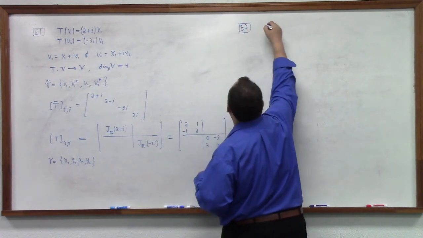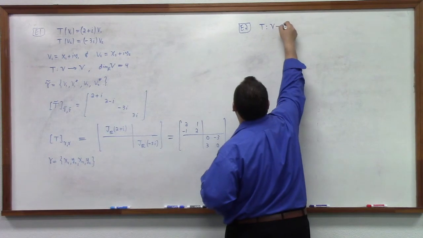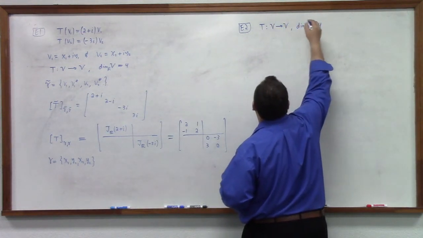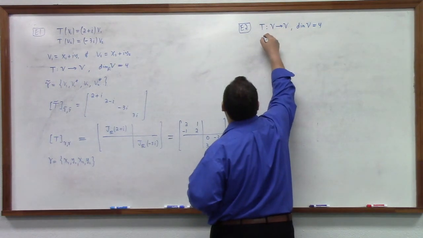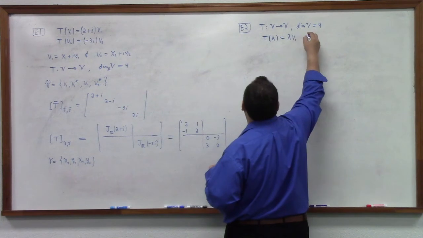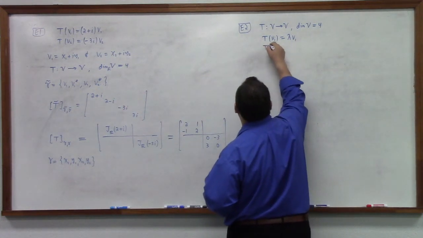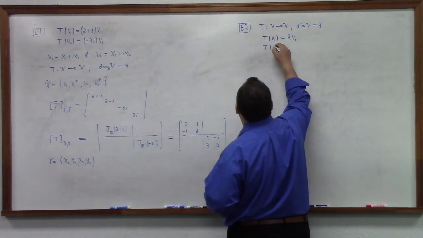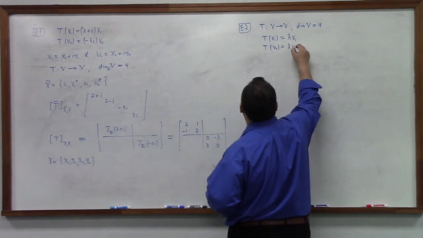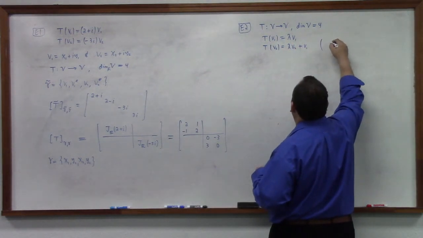If you had T, let's keep with the 4 dimensions, yeah? So if you had T going from V to V, dimension of V equal to 4, and suppose that you had T of v1 equals lambda v1, and then you had T of v2 equals lambda v2 plus v1. So that is a sneaky way of saying the chain condition.